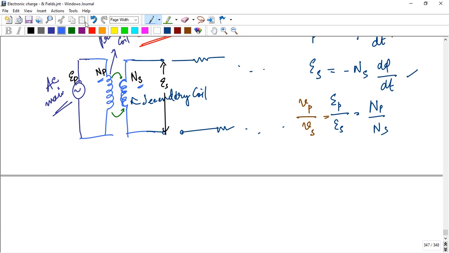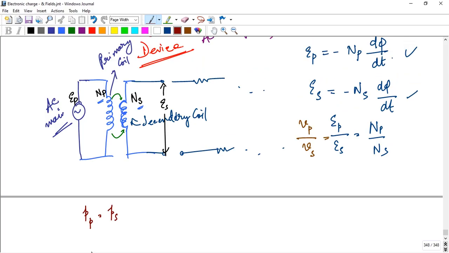The main transformer property says that the power in the primary and the power in the secondary are the same.